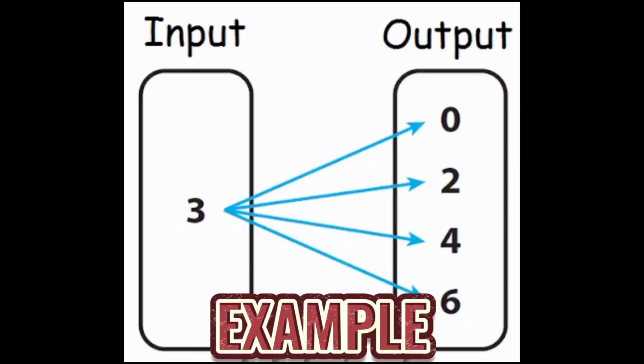You have one element of x, but a lot of elements of y. Three, many-to-one correspondence. There are a lot of x elements to one y element.